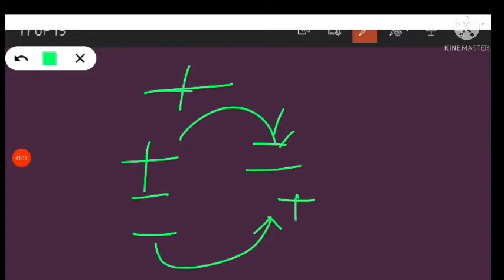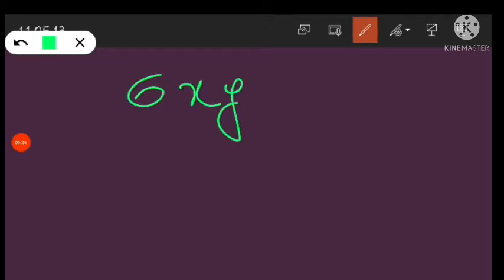Whenever something is to be subtracted from another expression, we must change the signs of the second expression's terms. Let us see all this with an example. Let me take a simple like terms example. I have taken 6xy.